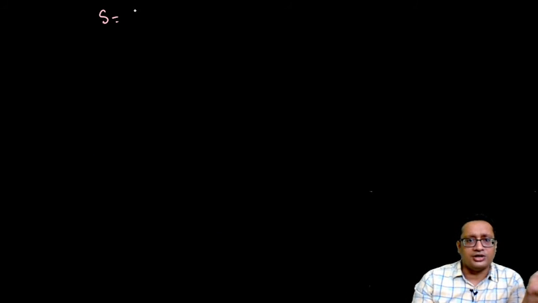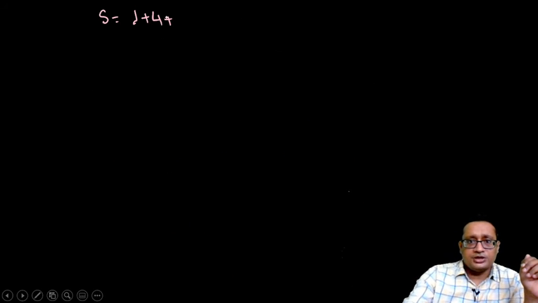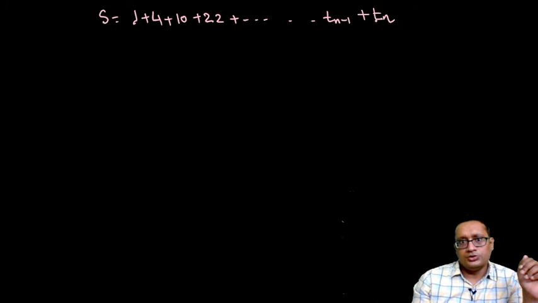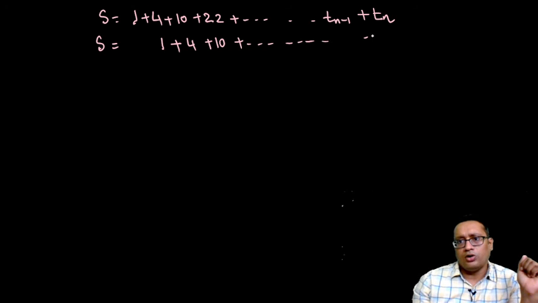See here, the second method: 1 plus 4 plus 10 plus 22, and so on. Again I am writing the nth term, Tn minus 1 plus Tn. So I am writing S just below it, shifted one term to the right: 1, 4, 10, dotted, Tn minus 1, Tn.